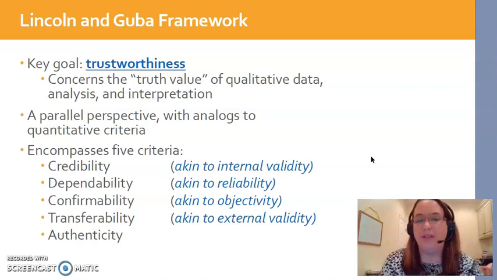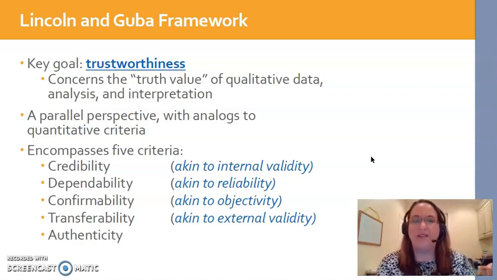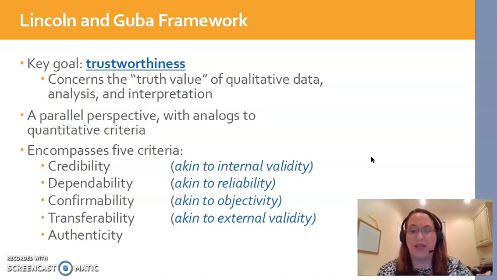This word trustworthiness comes from two leaders in qualitative research development, Lincoln and Guba. Their trustworthiness framework describes trustworthiness as how much truth value we place in this data and how it was interpreted and analyzed.